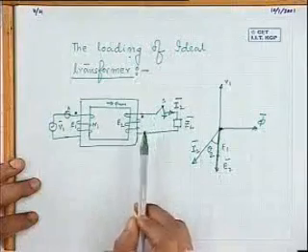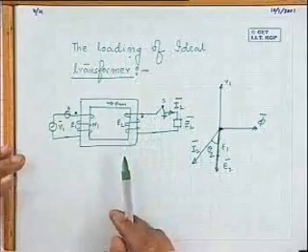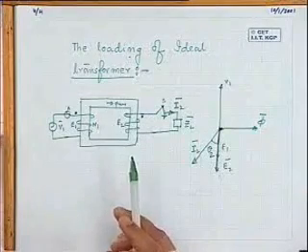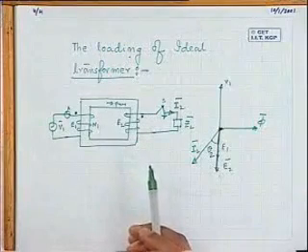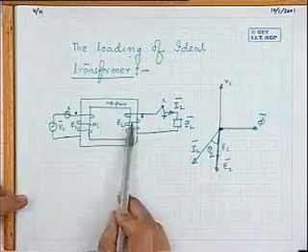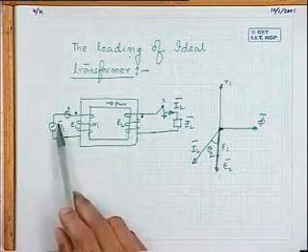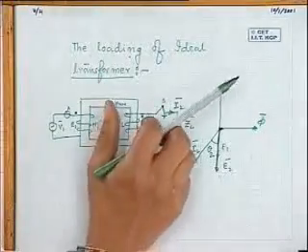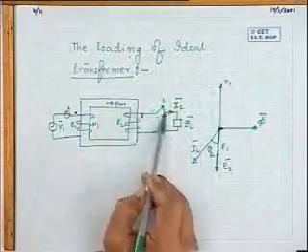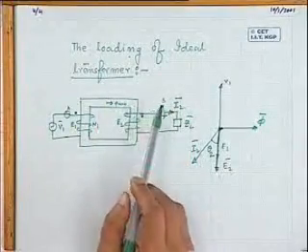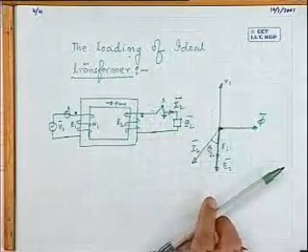That was the MMF acting in the circuit, and that created this flux. Now the moment I load it, the secondary winding carries current. What is the total MMF now acting in the circuit, as I want to find out the flux? The secondary MMF as well as the primary MMF, which was vanishingly small. And also you note that the secondary MMF direction, due to I2 like this, will be in the opposite direction.